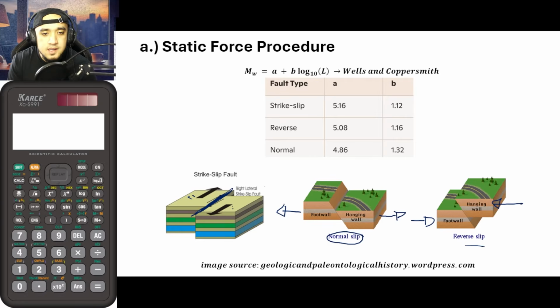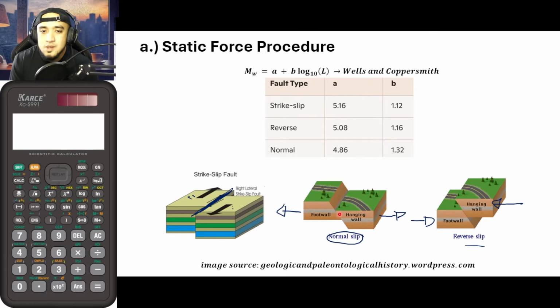So as you can see here, guys, if you would be stretching this, or if you would be applying tension forces for the hanging wall, it has a tendency that it would slip down. Okay? So dudula siya pababa kasi nga hinihila siya. But for reverse slip, since the force is actually compression, the tendency of the hanging wall is that it wants to go on top of the footwall.